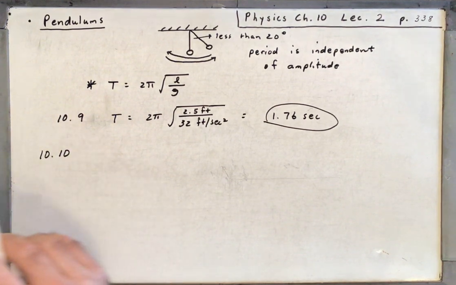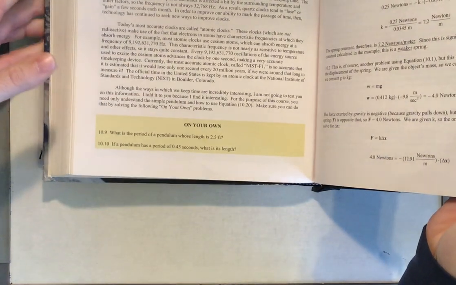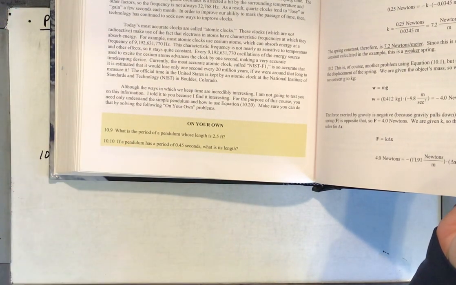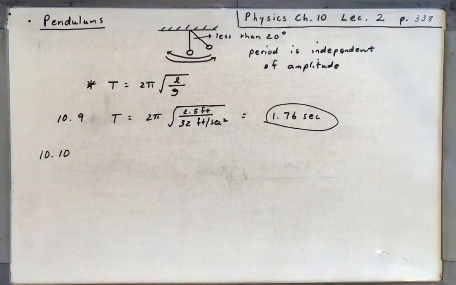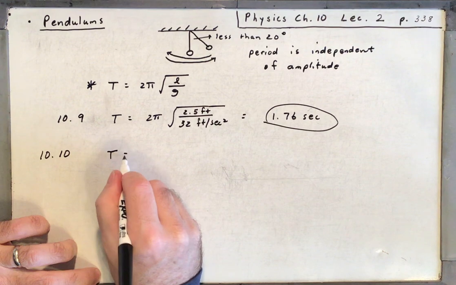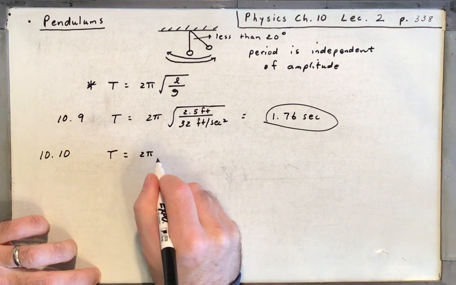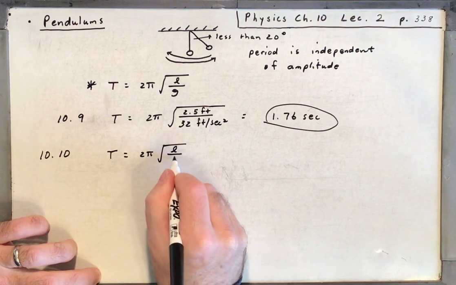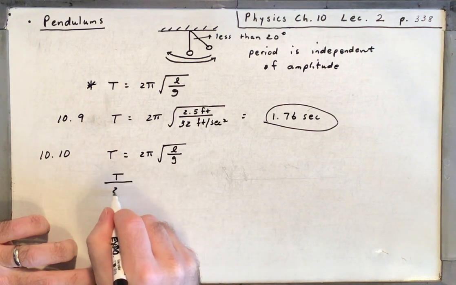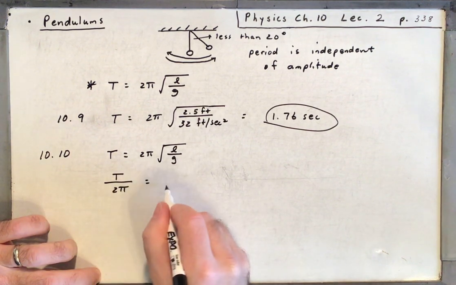And then finally, 10.10. If a pendulum has a period of 0.45 seconds, what is its length? So algebraically here, we are just solving for length. Just like before in the springs, let's pull the 2 pi underneath t.